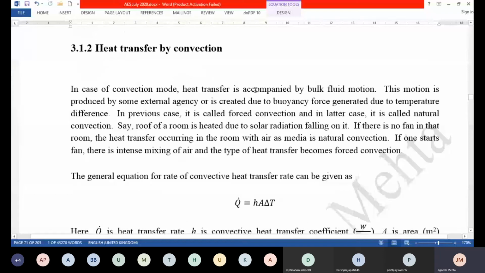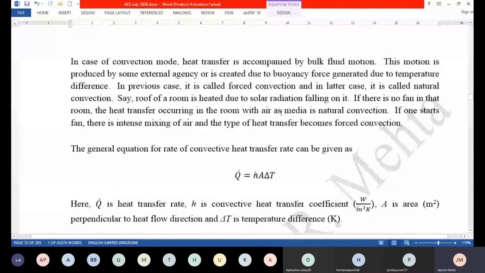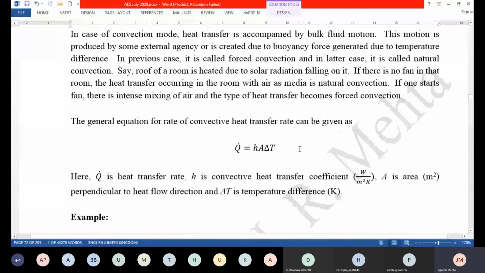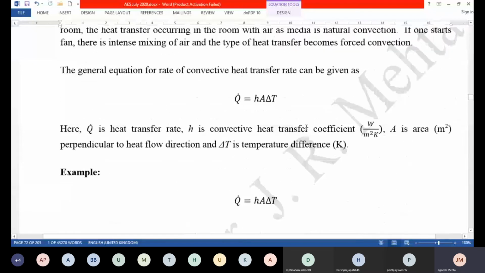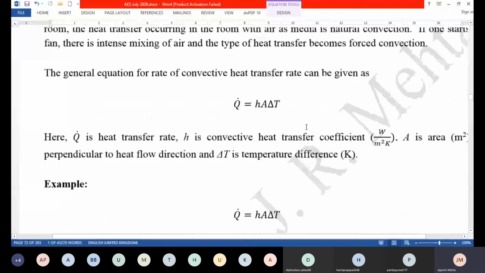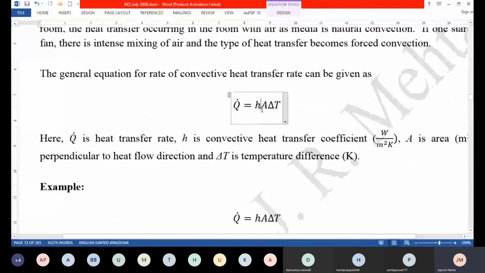Then the heat transfer by mode of convection. The basic governing equation for that is Newton's law of cooling. That is, Q is equal to the convective heat transfer coefficient, multiplied by the area and the temperature difference. The temperature difference is the potential for heat transfer.